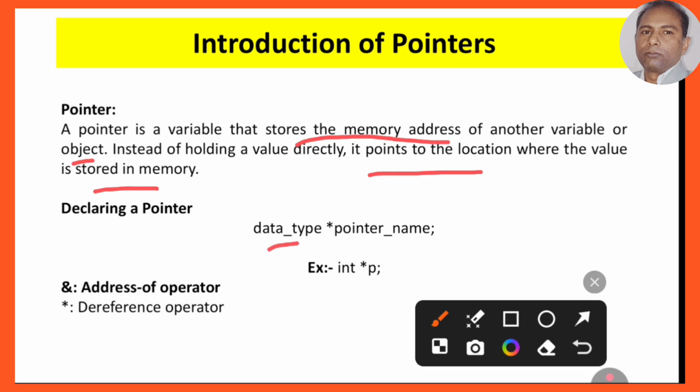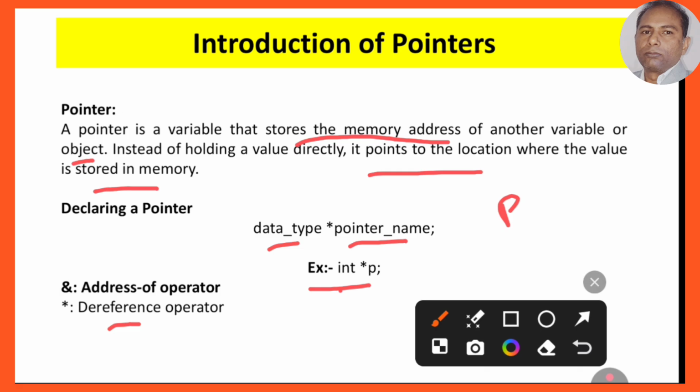First we write the data type, then we use the dereference operator, then we write the name of the pointer which we want to keep. For example, p is the pointer name, so we can write int, then star, then p. This is how we can declare pointers in C++.